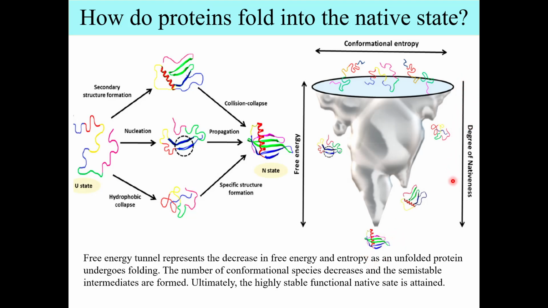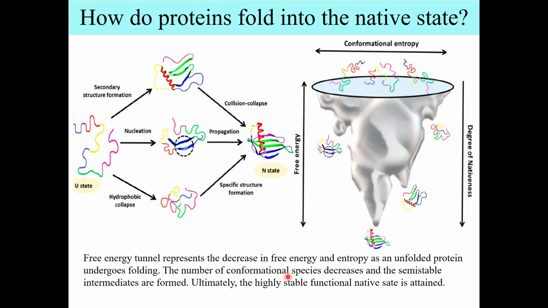So the degree of nativeness increases as we go down, the free energy decreases as we go down, and the conformational entropy also decreases as we go down. Correct. So the free energy funnel represents the decrease in free energy and entropy as an unfolded protein undergoes folding. This is the unfolded state and this is the folded state.